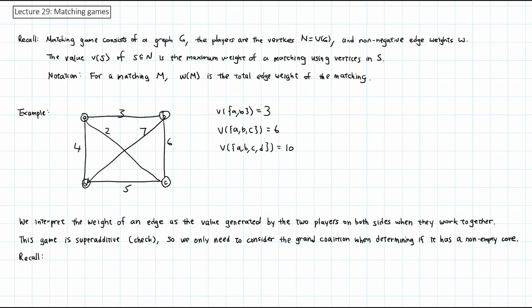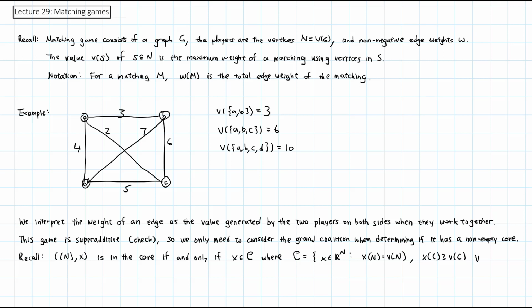Recall that x is in the core if and only if x is in script C, where script C is the polyhedron defined by x of N is equal to v of N, and x of C is at least v of C for all subsets C of N. And the problem of determining if a core is empty is reduced to checking whether or not script C is empty.